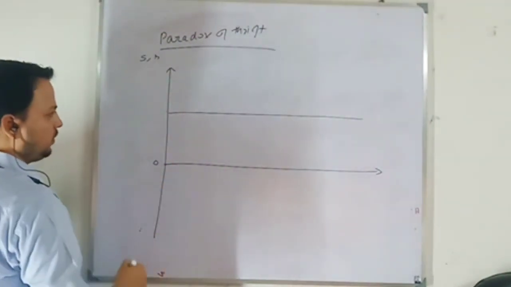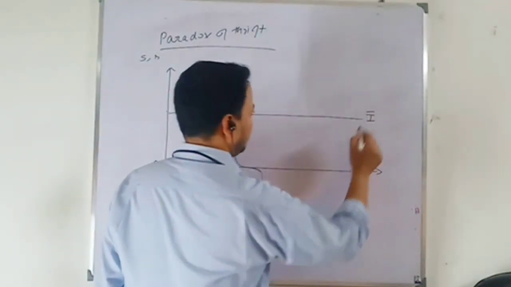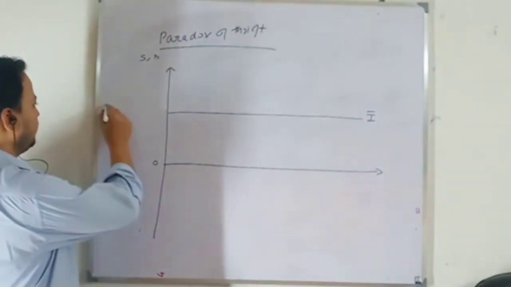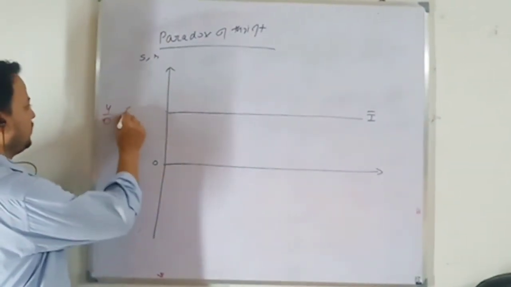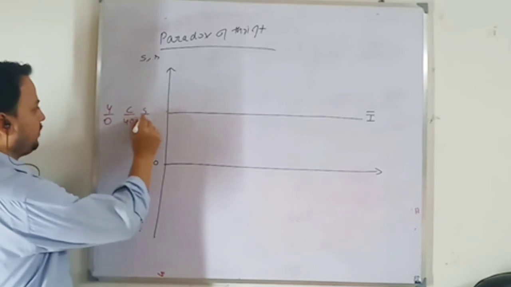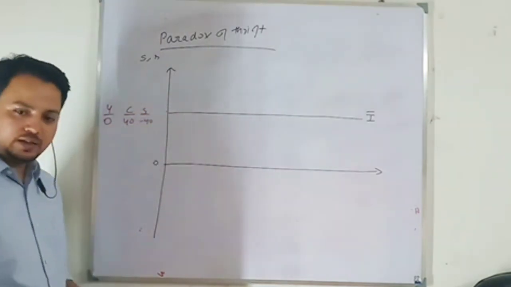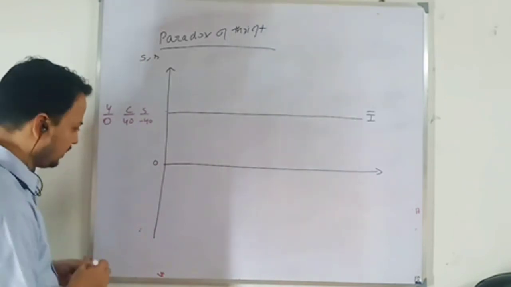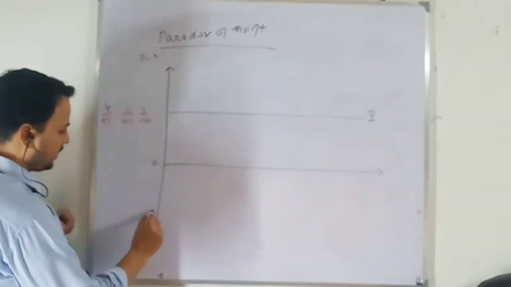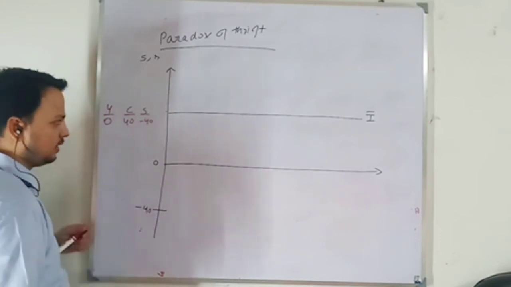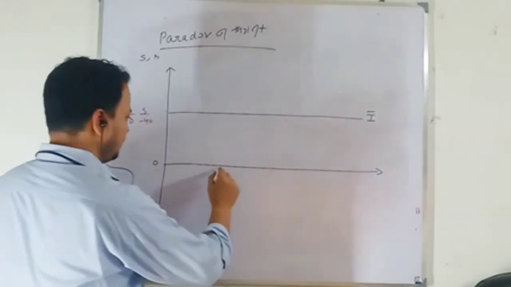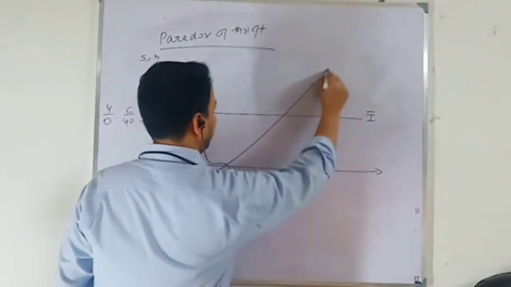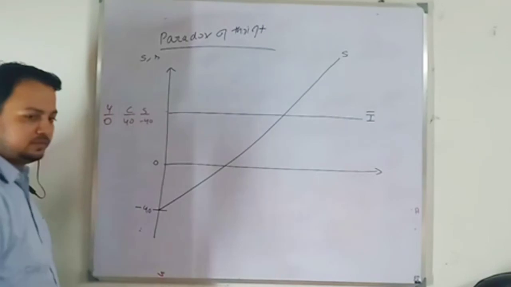When your income is 0 and consumption is say 40, then saving will be minus 40, right? So I will start from minus 40. When consumption is equal to income, saving will be 0, then it will go like this. So this is your saving function.